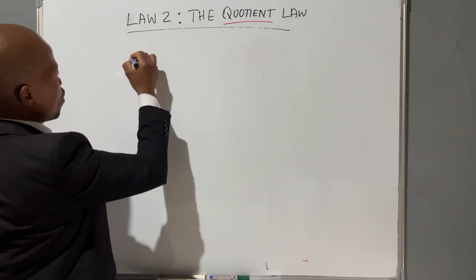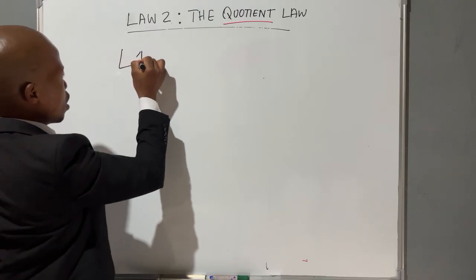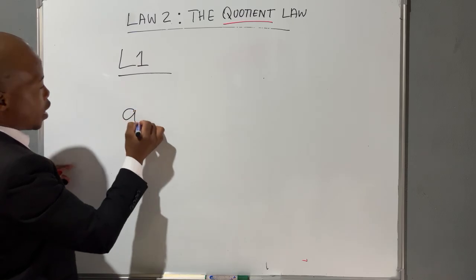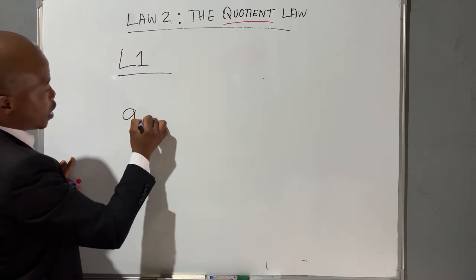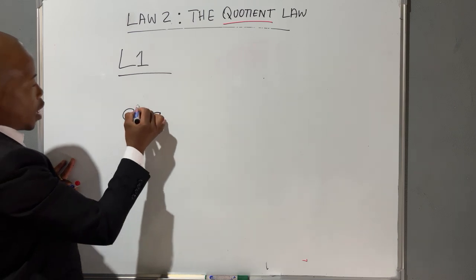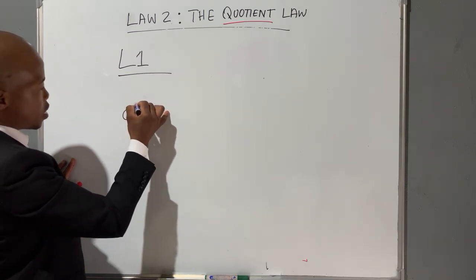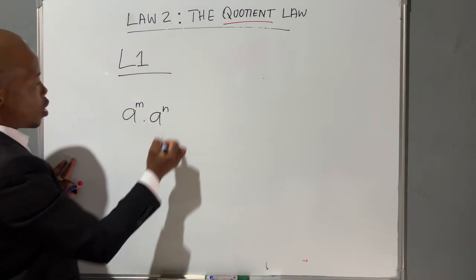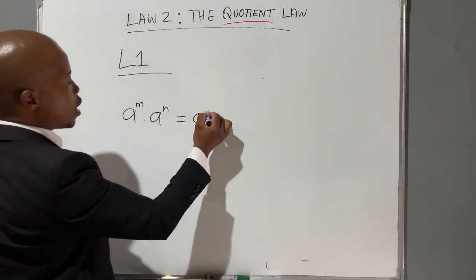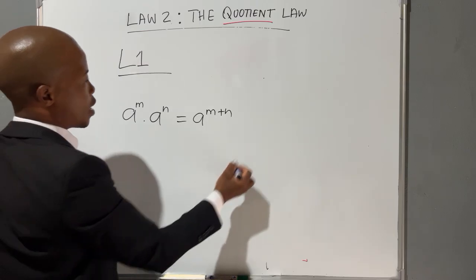For law one, it was a to the m times a to the n. If your exponent is m and your other exponent is n, you would have a to the m plus n.